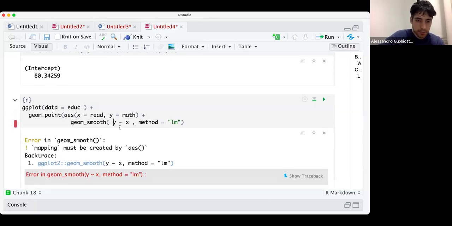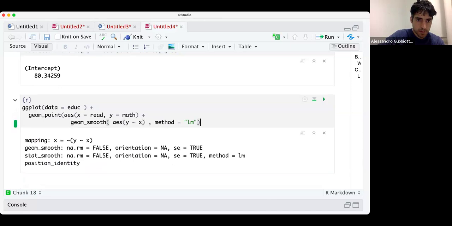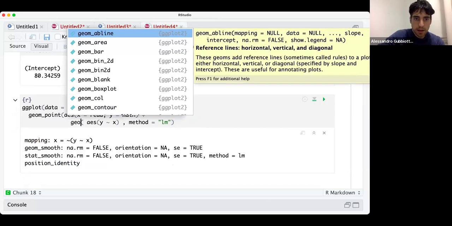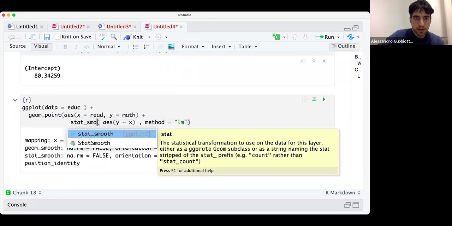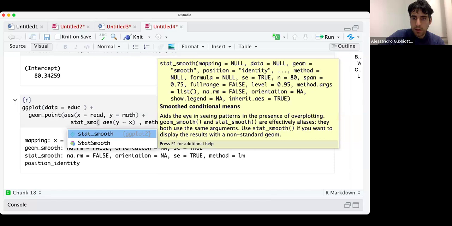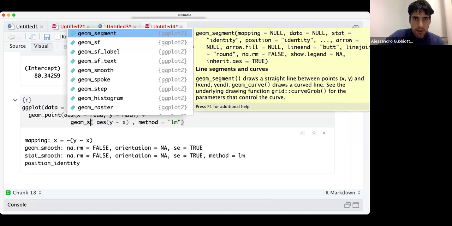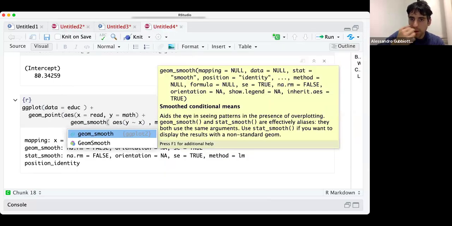Probably stat smooth, mapping equal to null, stat equal to smooth, method equal to null, standard error equal to true.